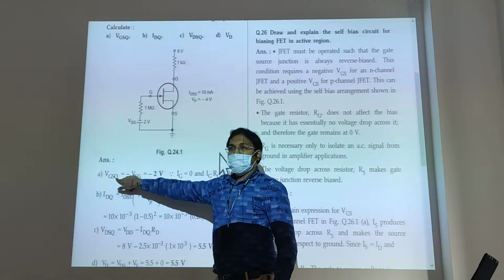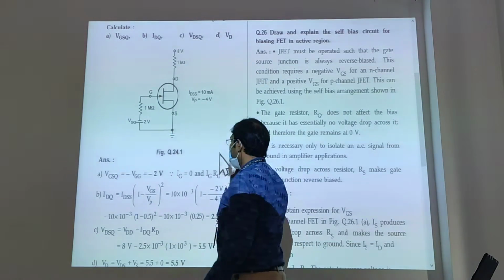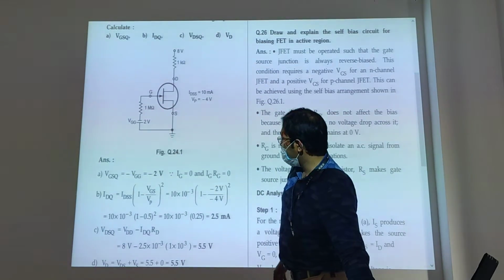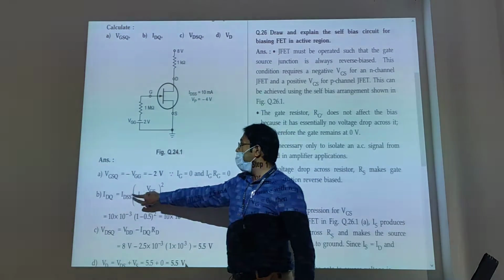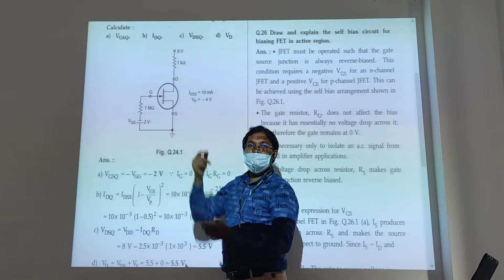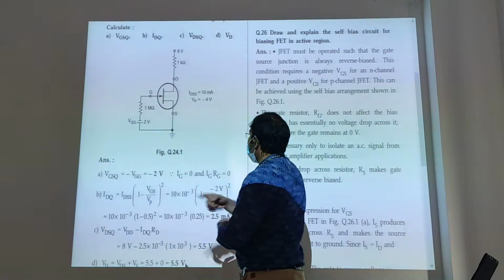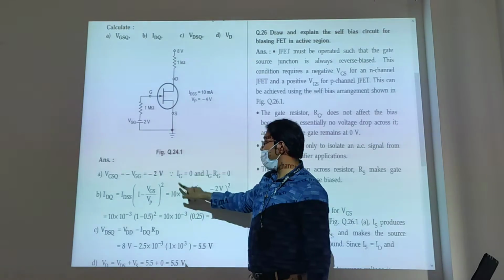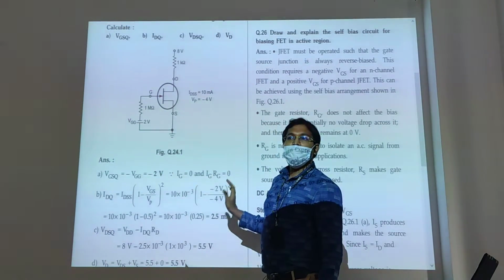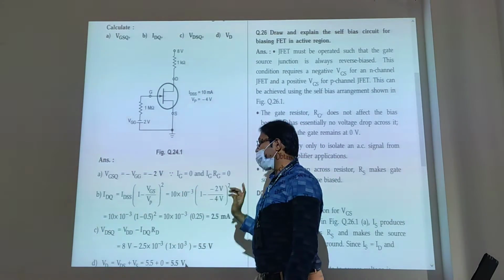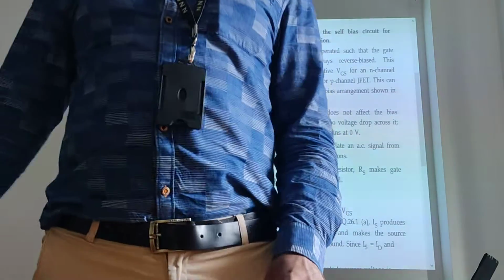I told you whether you put Q or not is fine. We substitute the VGS value. IDSS is given as 10 milliamperes. VP is again given as minus 4. Simplifying, we get 2.5 milliamperes. Correct? Any doubts with this?